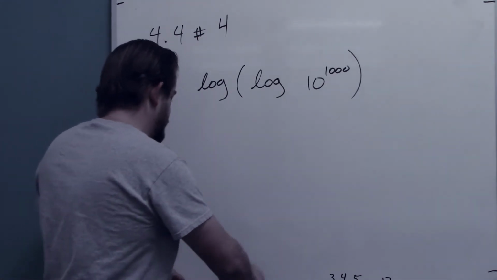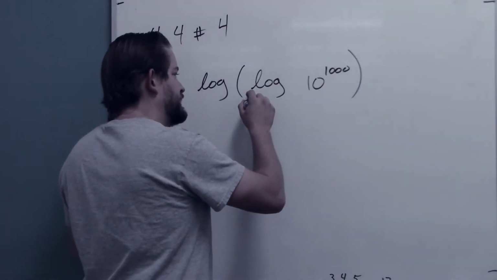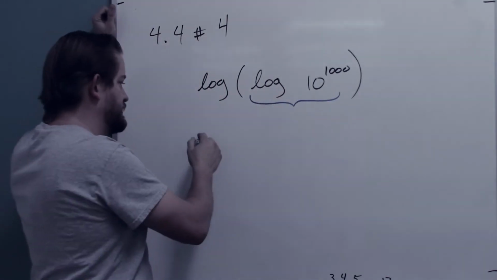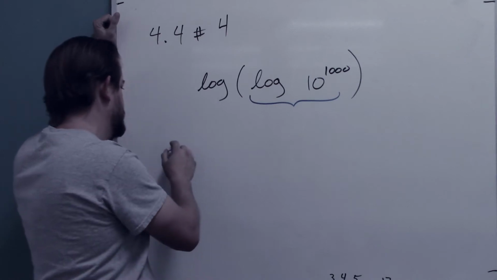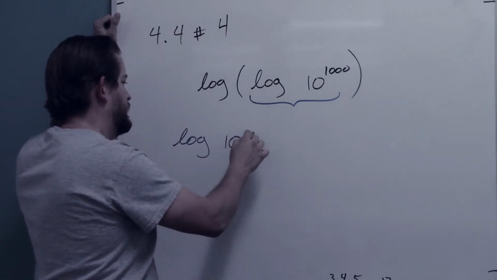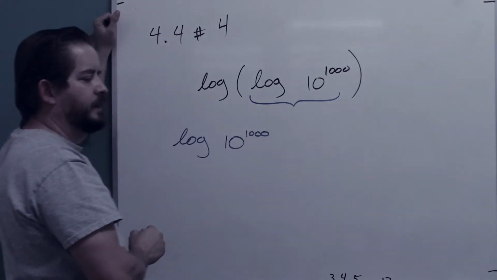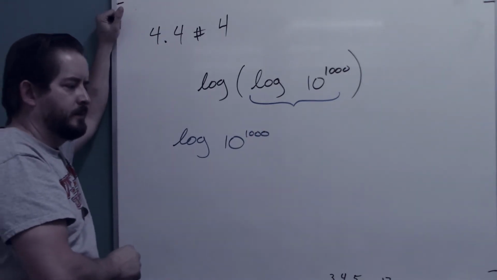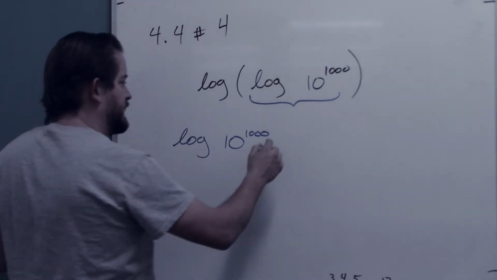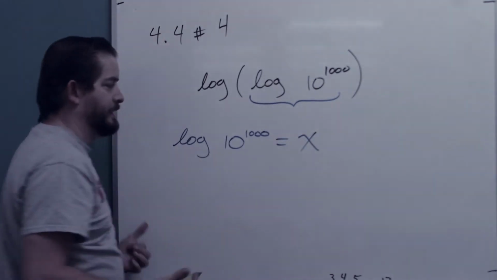So I really just want to focus on what's happening inside these parentheses for a minute. I'm going to take this log of 10 to the 1,000. There is a rule that'll simplify this down pretty quickly, but that's all right. I'm going to say this can be simplified to something.